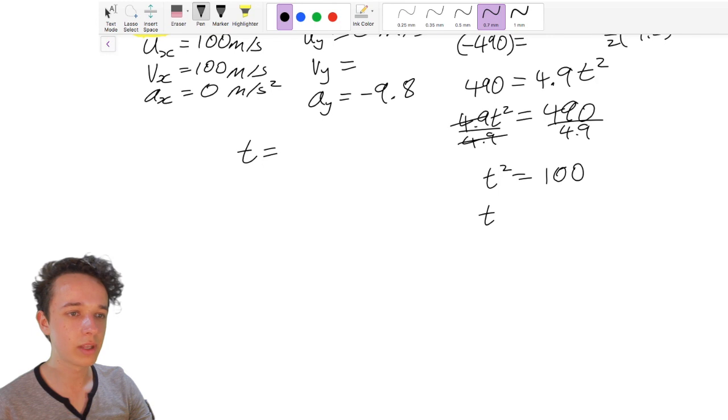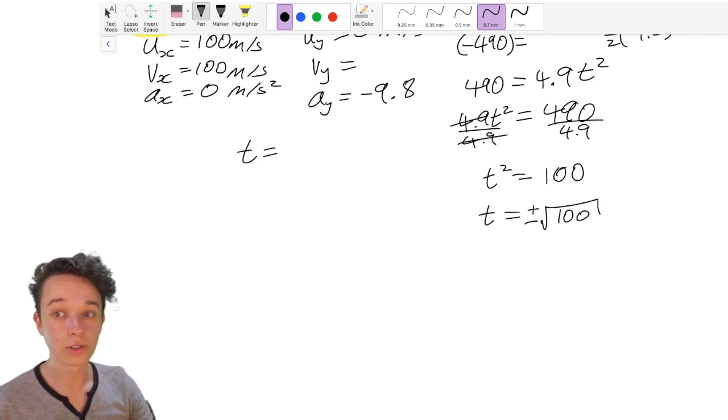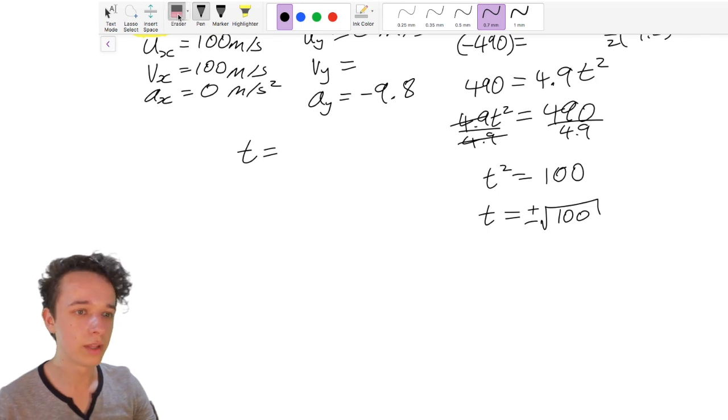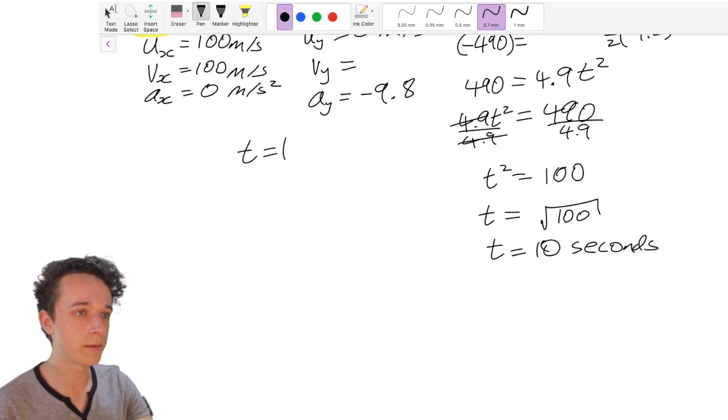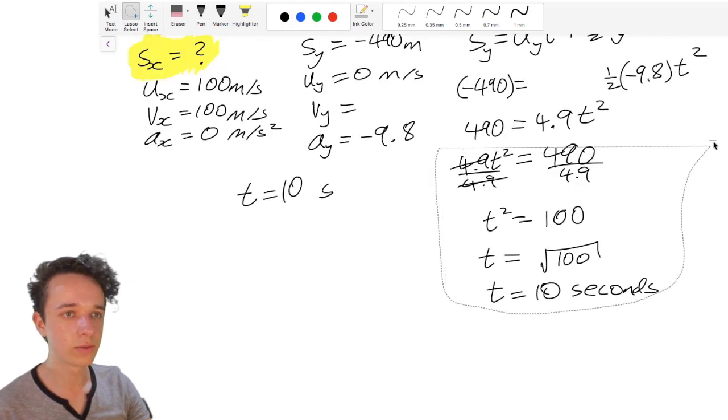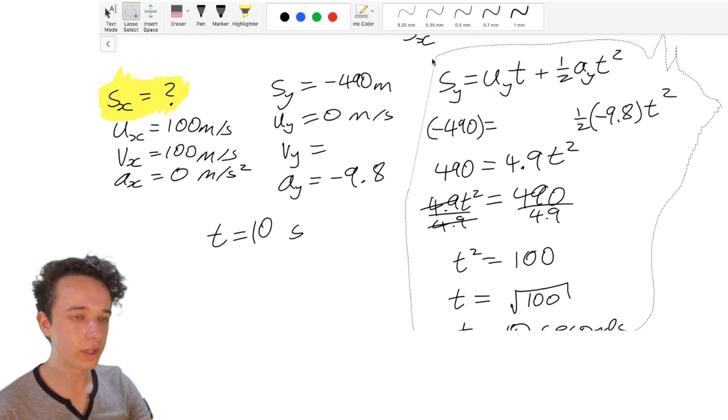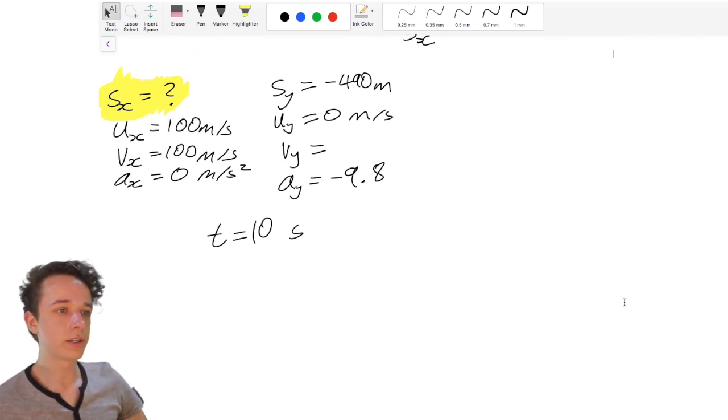Then we have t equals plus or minus the root of 100. Now time can't be negative, so we just ignore that minus. The square root of 100 is 10, so t equals 10 seconds. So now we have a value for t equals 10. And I'll just remove all this working that we don't need anymore. So t equals 10 seconds.